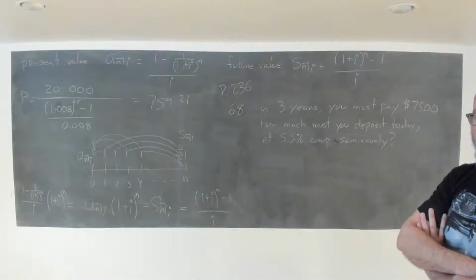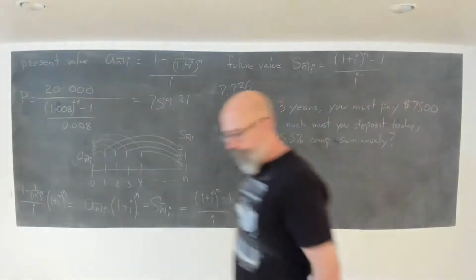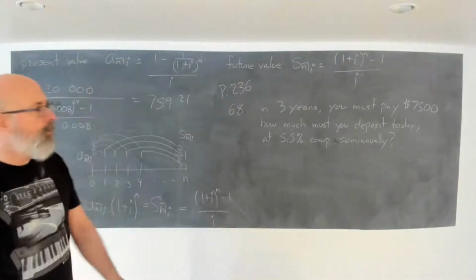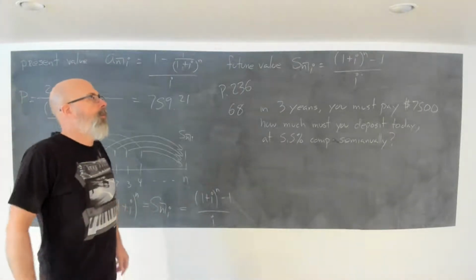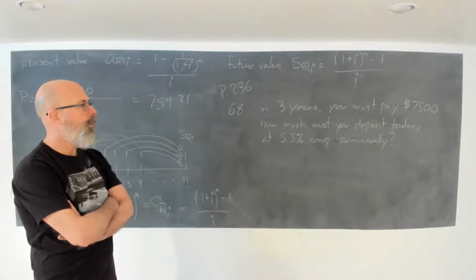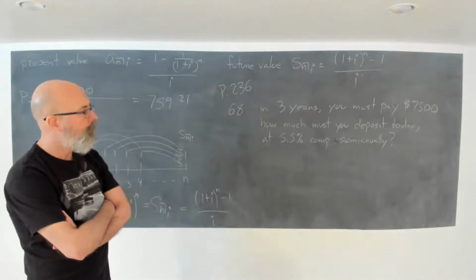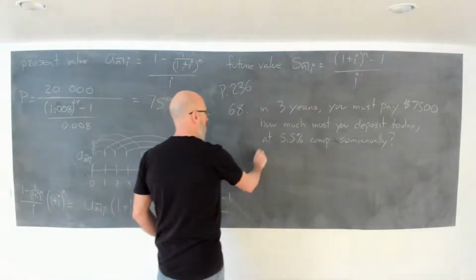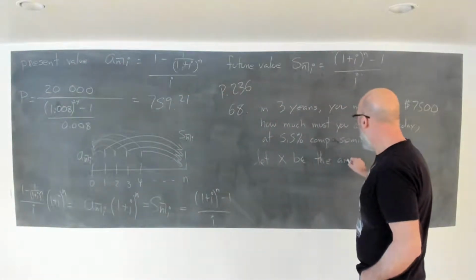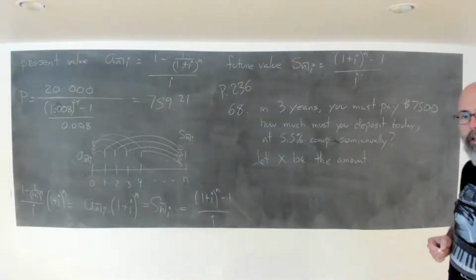All right, so you see what's happening? You have this payment that must be paid 3 years from now. You need to pay $7,500 3 years from now. How much must you set aside today so that you have enough in 3 years? Well, let X be the amount that you need to set aside.